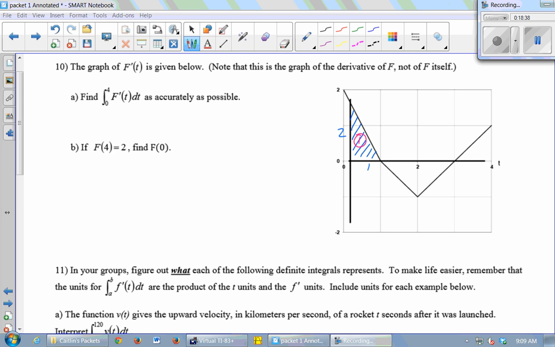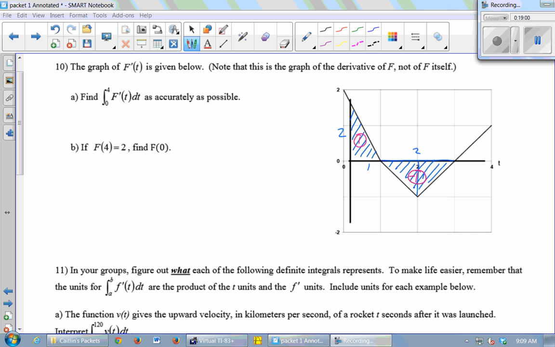All right, and then this region, it's got a base of 2 and a height of 1. What's its area? 1/2 base times height again. So this whole thing has area 1. Well, it's -1 because it's below the x-axis.